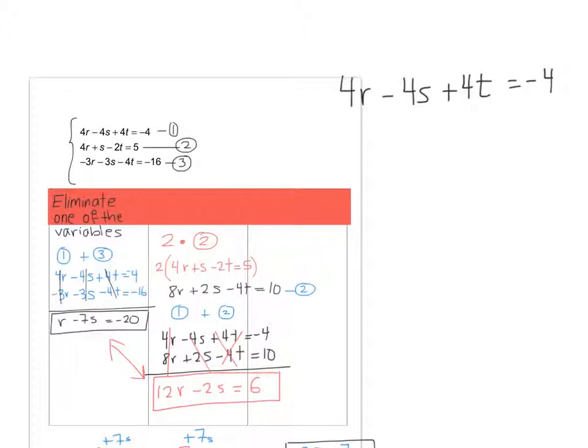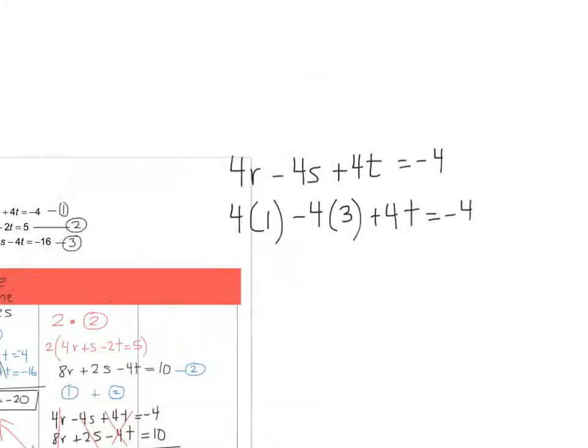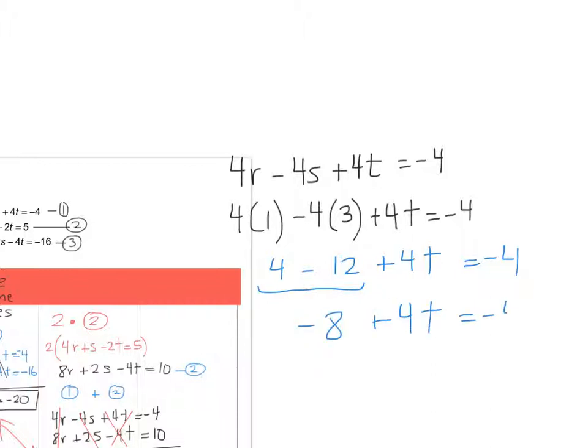Now r is 1, so 4 times 1. S is 3, so negative 4 times 3 plus 4t equals negative 4. Now 4 times 1 is 4 minus 12 plus 4t equals negative 4. 4 minus 12, that's a negative 8, plus 4t equals negative 4.